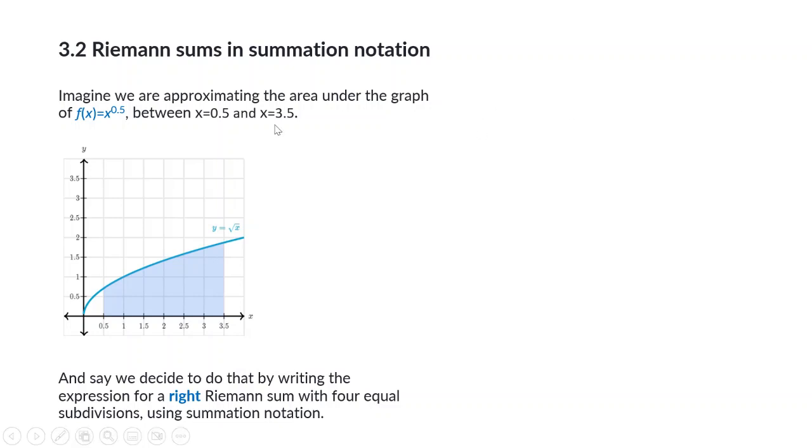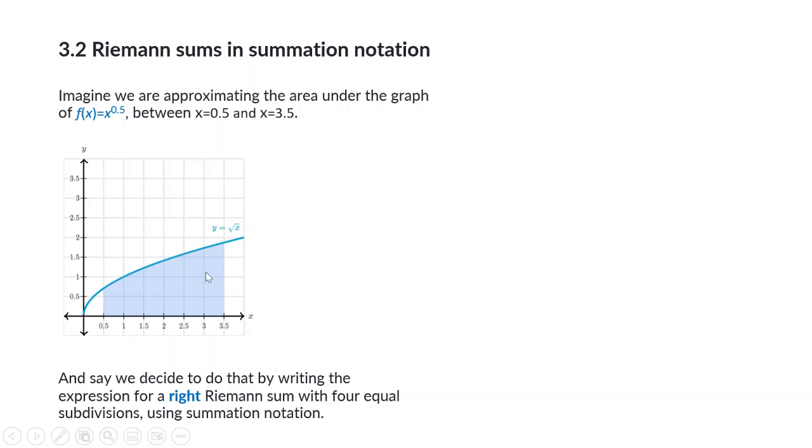Imagine we are approximating the area under the graph of f(x) equals the square root of x for the range between x equals 0.5 and x equals 3.5. And as you can see, it is already highlighted in the graph shown here.